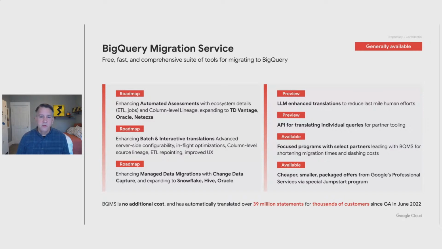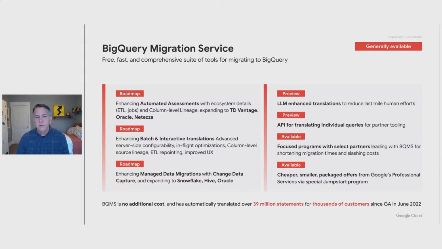For example, a customer here in Seattle, Children's Hospital, completed an end-to-end Netezza migration to BigQuery in under 4 months. And this was over 650 databases, tens of thousands of database objects, and millions of lines of SQL code.